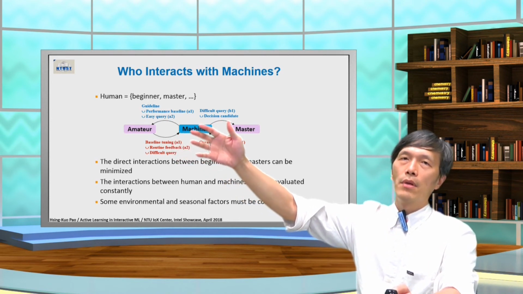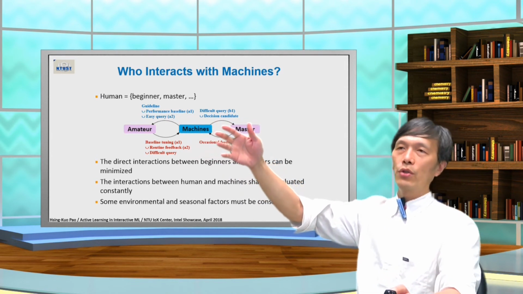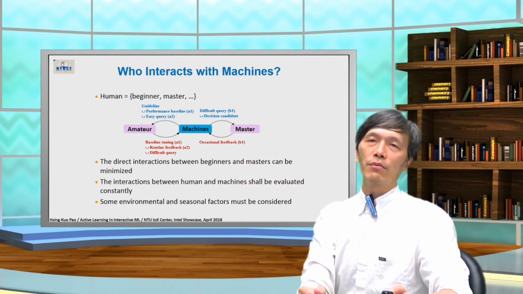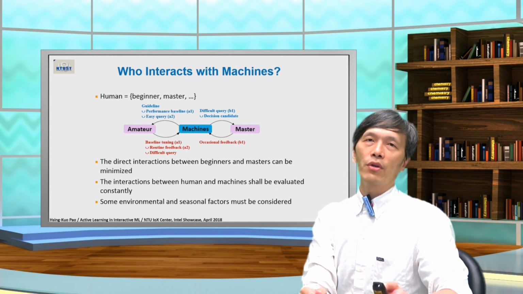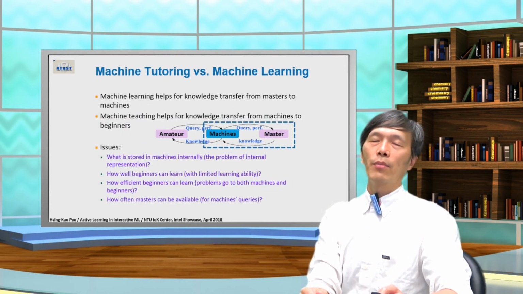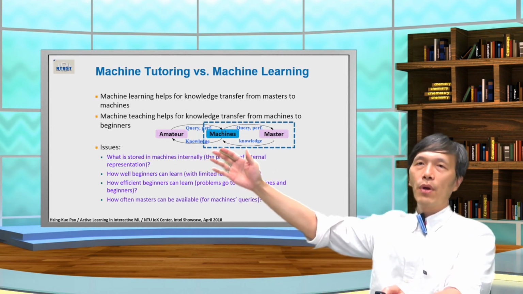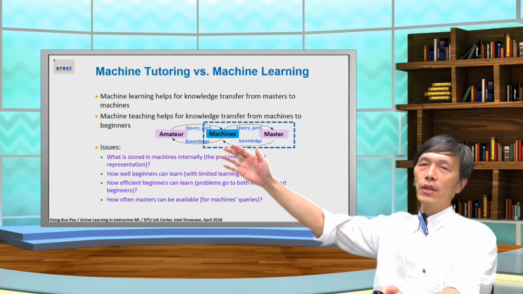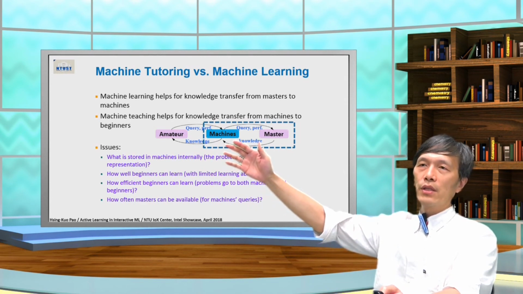The machine will help the master to teach the novice, even when the master is not so available. Until now we have worked more on the part between master and machine, where the active learning research lies.